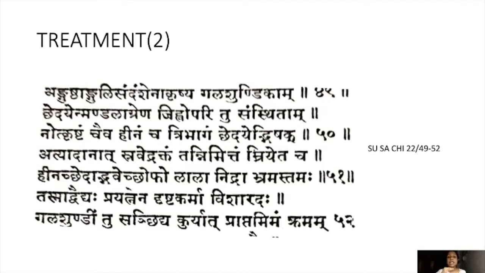And Hinex Chedat Bhavet Shofam: if it is cut less, then in Ashtanga it is mentioned as Vyadhi Vivardhana. Here it says there will be Shofa, Lala salivation, Nidra, Prama, Tamaha, and Tasmad Vaidyaha Prayatnena Drishti Karma Visharadaha.